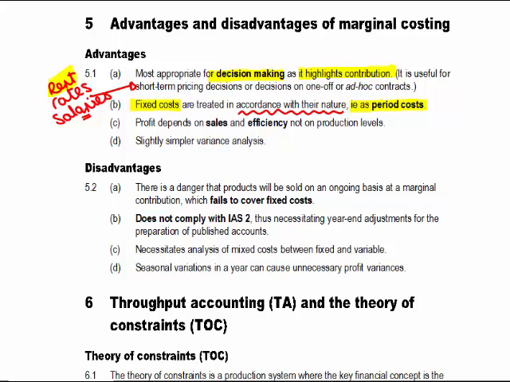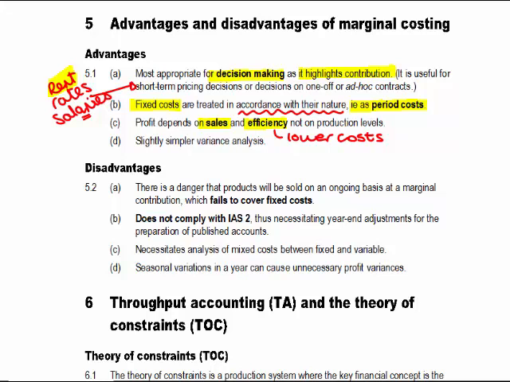So by writing it off in full against the period, that's a much more realistic way to deal with it. It also means that profit depends on sales and efficiency. In other words, lowering our costs and trying to sell as many units as possible.